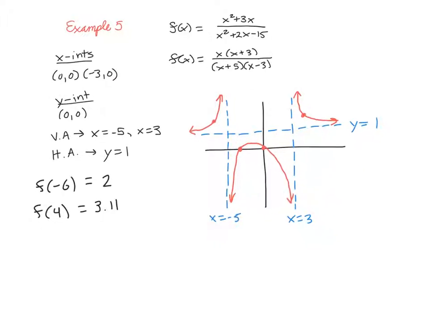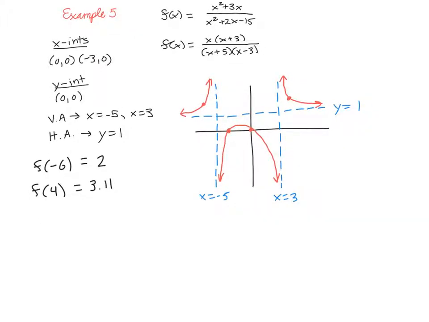But of course, the only way to be absolutely sure is to plug in a couple more points. So let's find f of negative 4.9, a point directly to the right of our asymptote. And then let's find f of 2.9, which is directly to the left, just to make sure that this type of behavior is correct.